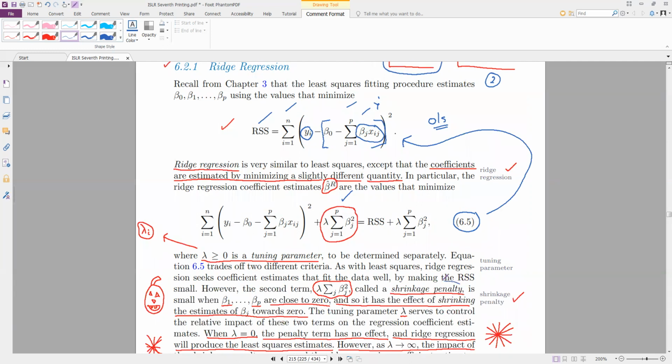It's called the shrinkage penalty. Now, to understand what the shrinkage penalty is, you have to see how it's being used here. We have residual sums of squares plus the shrinkage penalty. So notice that we're not only minimizing RSS, residual sums of squares, we have to add a penalty to it. This is the extra term that comprises ridge regression in terms of its minimization procedure.